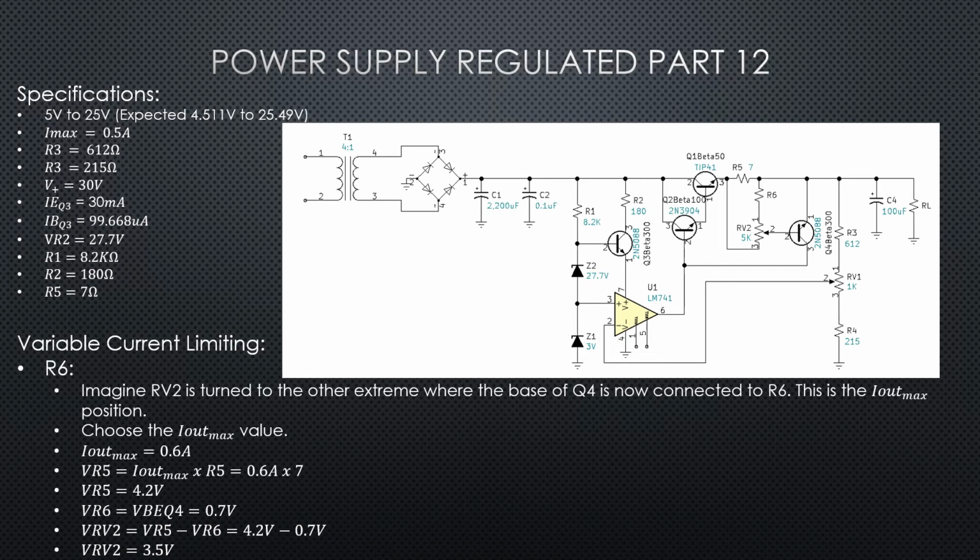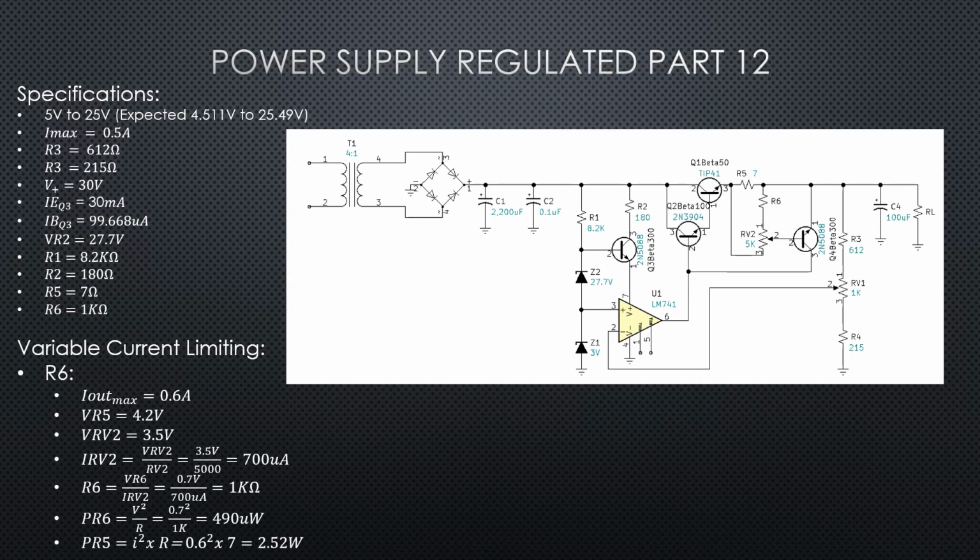If I've got 0.7 volts across R6, then I must have the rest of that voltage across RV2, the potentiometer. So the 4.2 volts minus the 0.7 gives a VRV2 voltage of 3.5 volts.